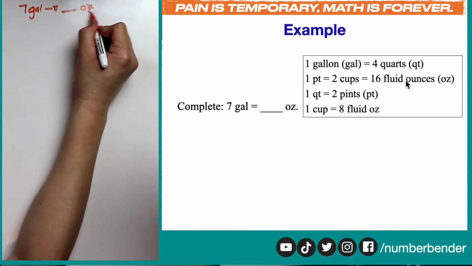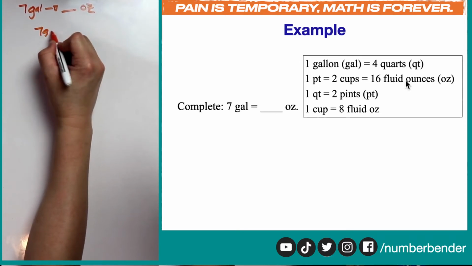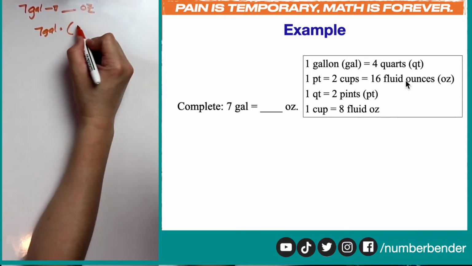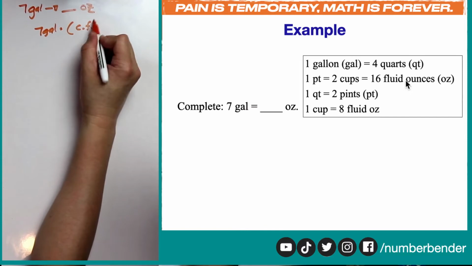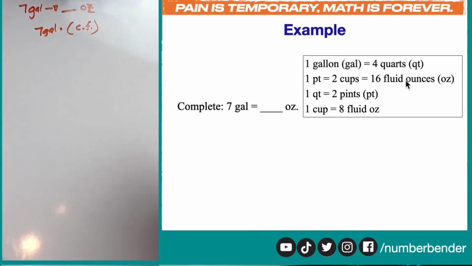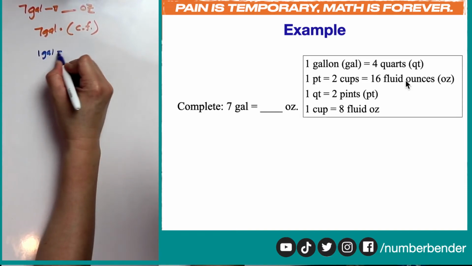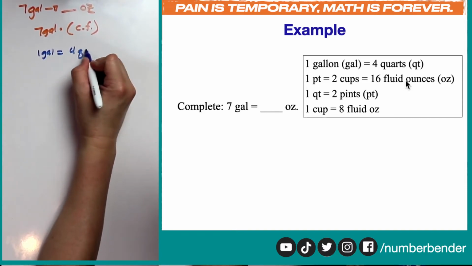To be able to do that, we need our formula, which is 7 gallons multiplied by the conversion factor that we need. And that conversion factor will be coming from, first, 1 gallon is equal to 4 quarts.